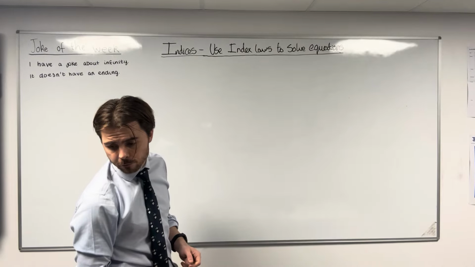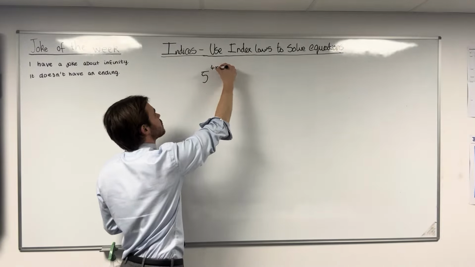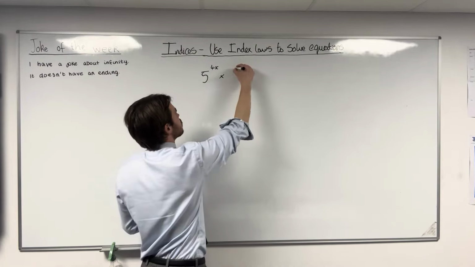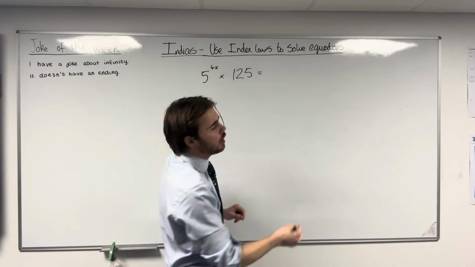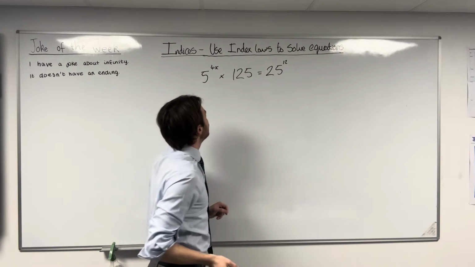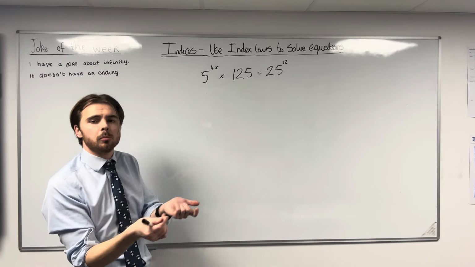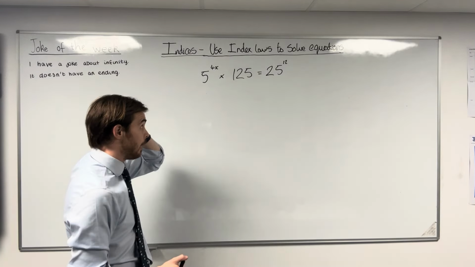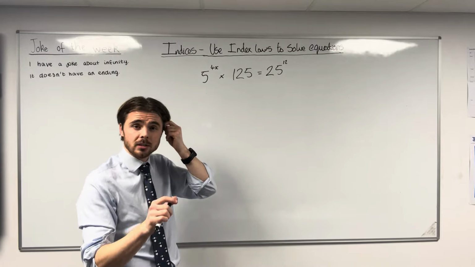So we have got 5 to the power of 4x multiplied by, let's go with 125, equals 25 to the power of 12. Look at that. All of these are different base numbers, so we can't compare the powers. So what we've got to spot, and we've got to be good at it, is the lowest base number. That's usually the nicest way to do it.